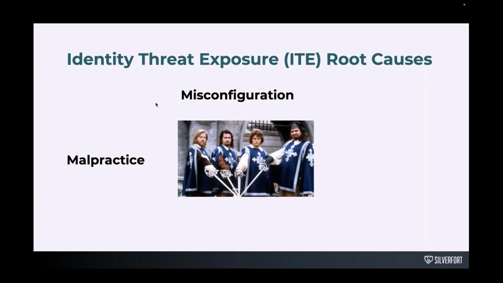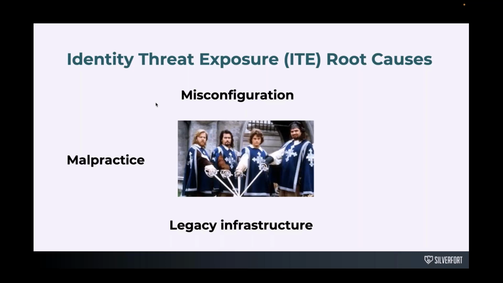Managing an identity infrastructure is complex, tedious, and hard work, right? And it's error prone, and misconfigurations are one of the key causes for identity threat exposures. There's legacy infrastructure. Now it starts to become interesting because, at least in theory, malpractice and misconfiguration can be eliminated, right?